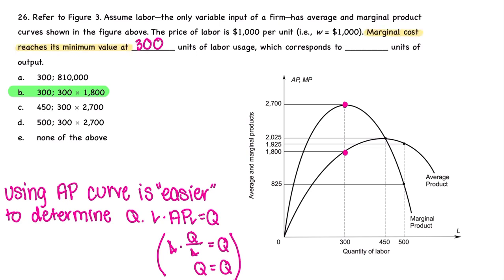So we're going to look at our marginal product curve, and we want to look for the max. Our marginal cost reaches its minimum when the marginal product reaches its maximum, which is at 300 units.